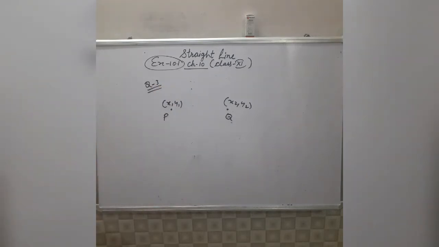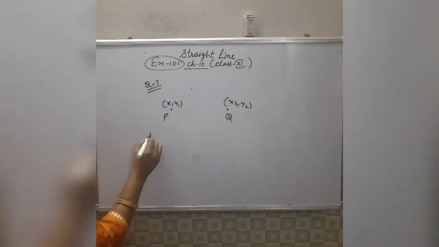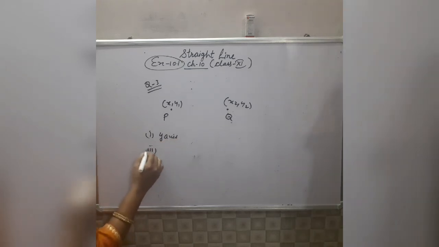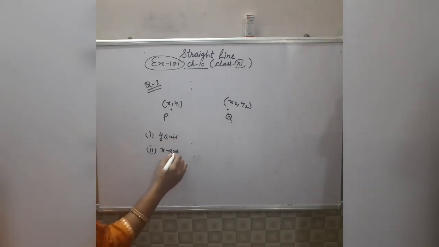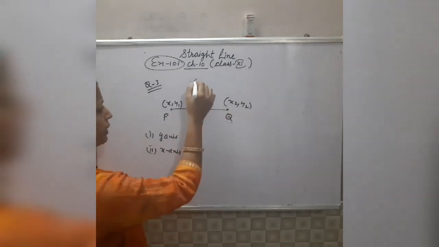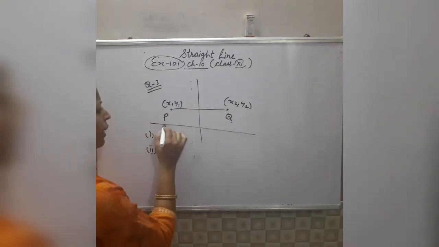Now find the distance between points P and Q if PQ is parallel to the y-axis and if PQ is parallel to the x-axis. Let us suppose the first case. In the first case, this PQ line is parallel to the x-axis.